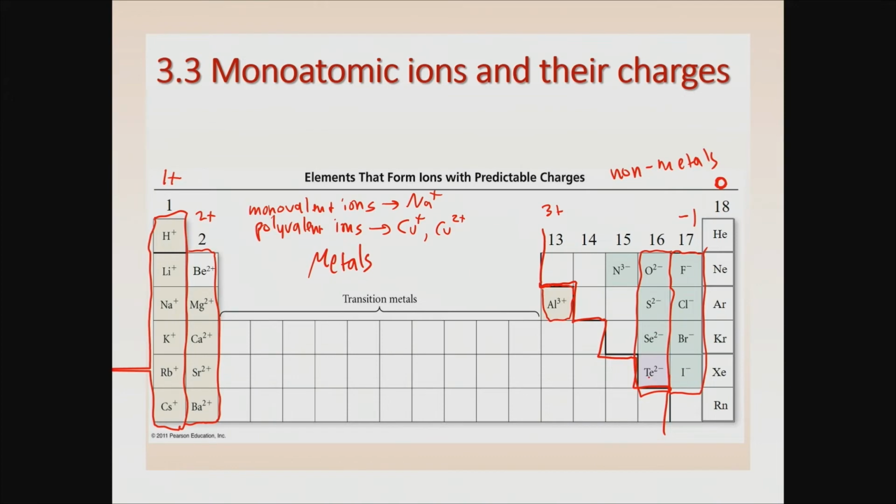When they become charged, they tend to want to gain 2 electrons. And so these are going to be -2. And then we have nitrogen. When it becomes charged, it will tend to gain 3 electrons. And so when it does, it becomes -3 charged. And so again, all the ones you see here that have negative charges, they're all nonmetals.